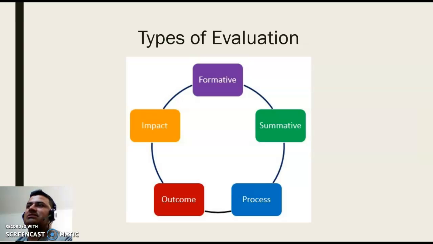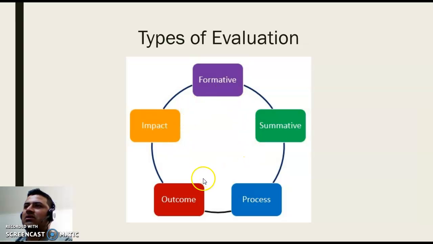You can see types of evaluation. You start with formative in the classroom, and meanwhile, during the classroom, you can find summative times to assess the students in a summative way. Next, you have the process.